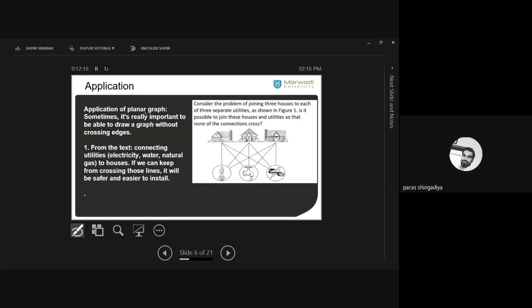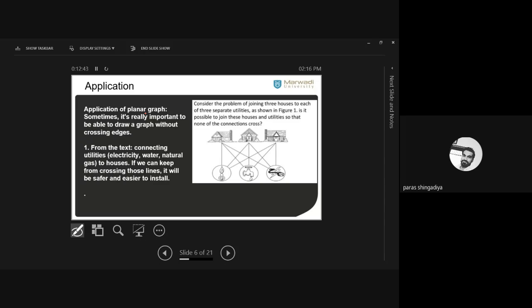Is it possible to apply all this connectivity to the three houses such that none of any two utilities cross? And what is the importance of this? It will be safer. Sometimes it will be safer and easier to install and develop such a network in such a way that no network crosses at any place.